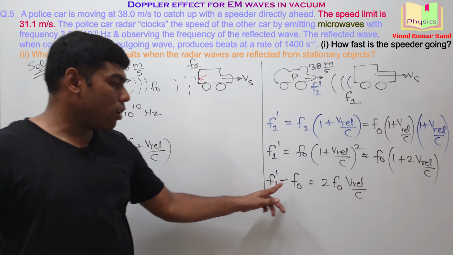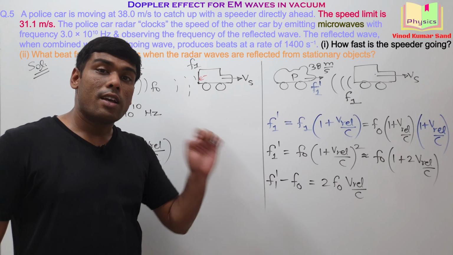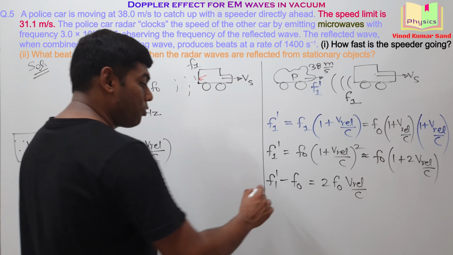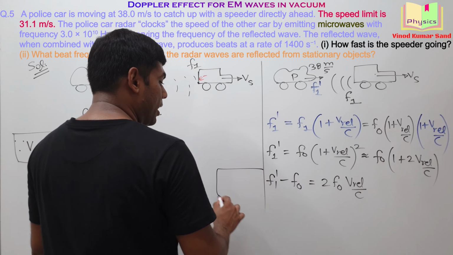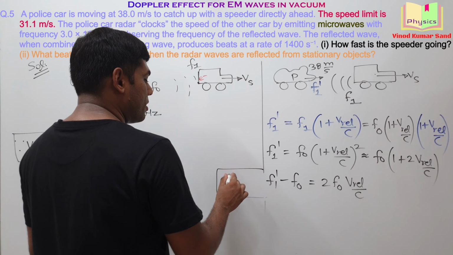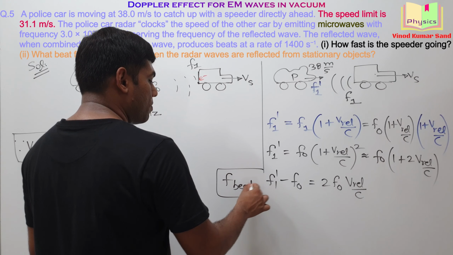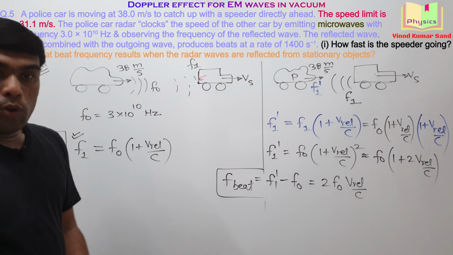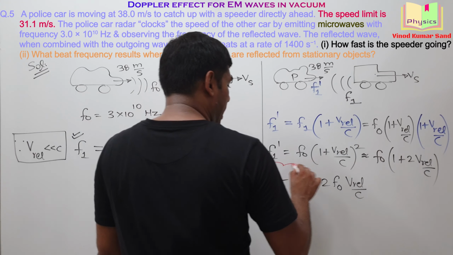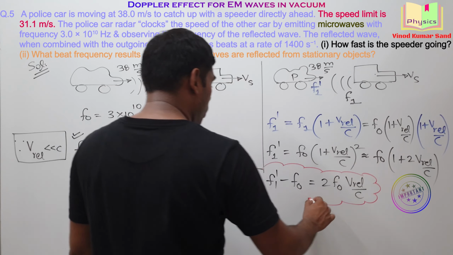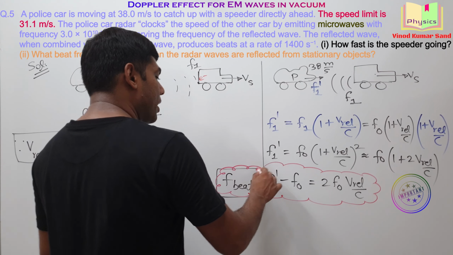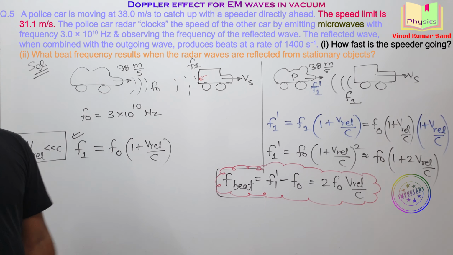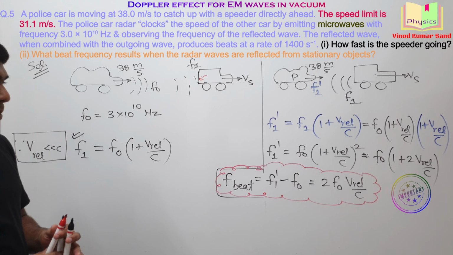The difference of these two frequencies is known as the beat frequency. I can call this f beat. Now it is an important expression. In the next question also we'll be utilizing this expression, so I urge you to learn it, to remember it.